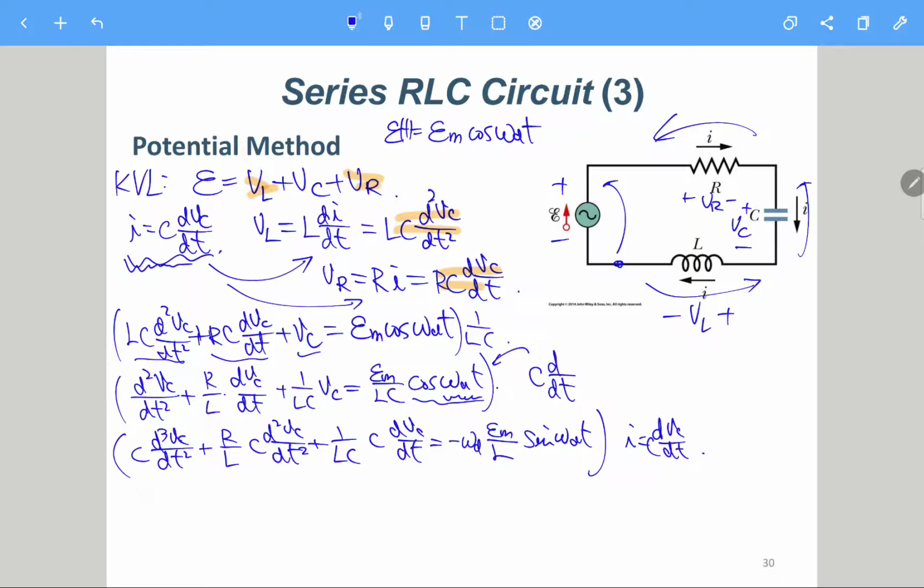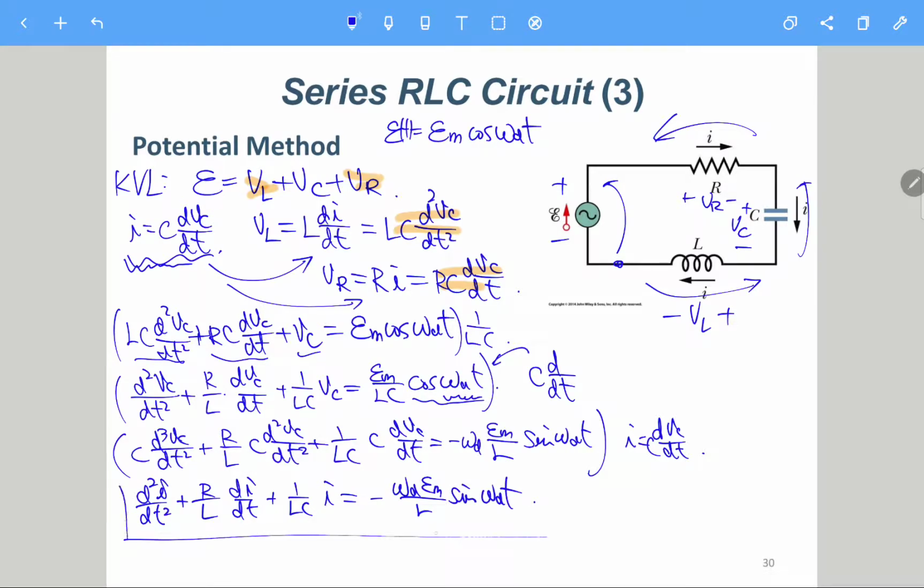So we have d2I/dt2 plus R over L dI/dt plus 1 over LC I equals minus omega Em over L sine omega t. So we get this ODE, which is related to the current.